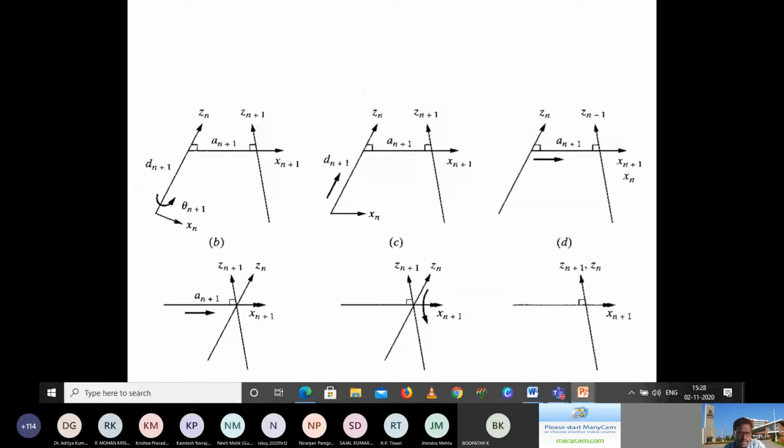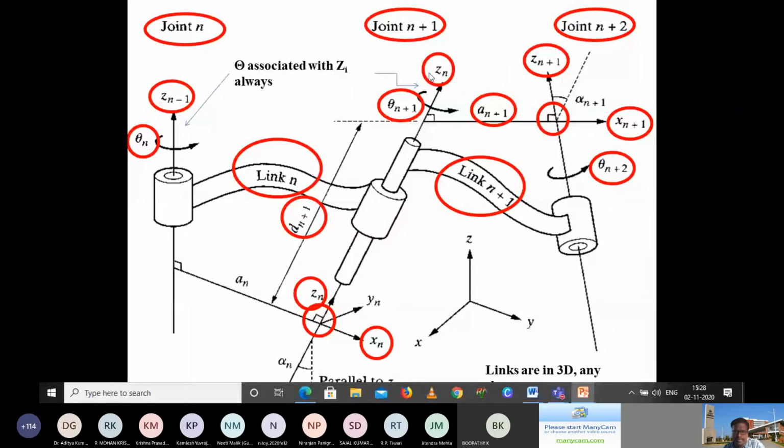So you know that I have taken zn and z n plus 1 axes like this. Please listen here. Zn and Zn plus 1 axes I have taken. And now the point is here. From here to here, I am going to align these joint parameters. Why am I doing that?